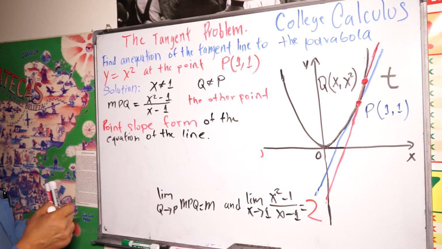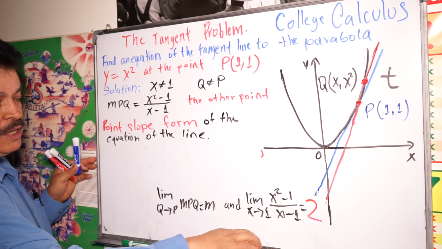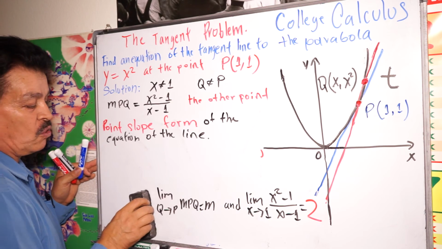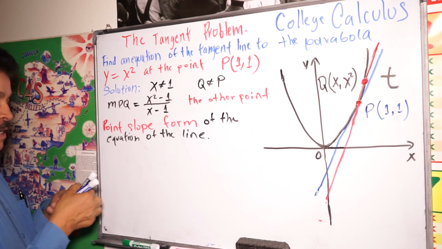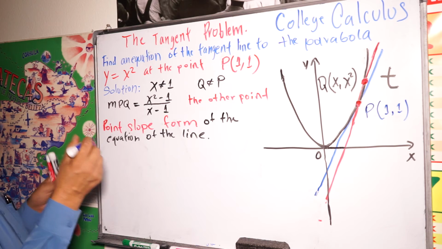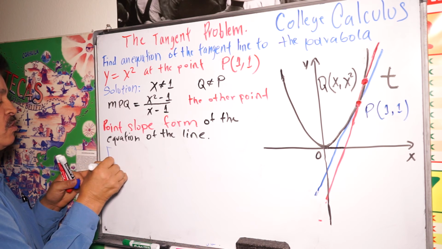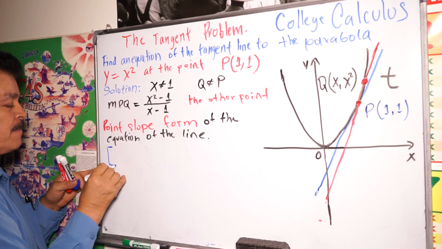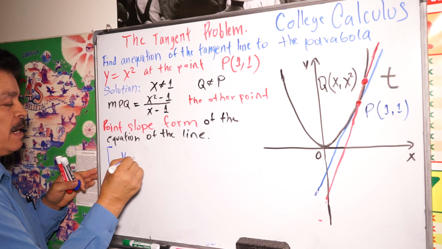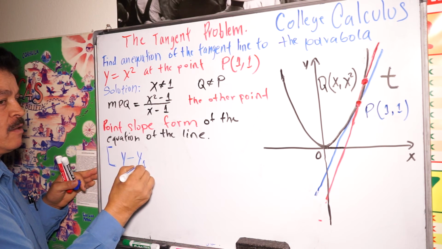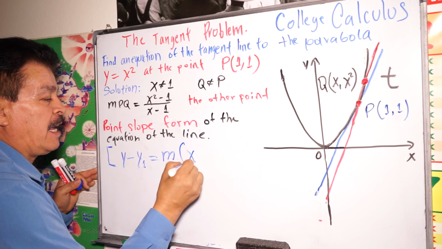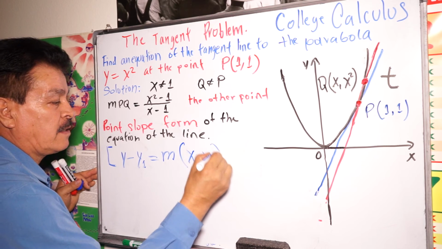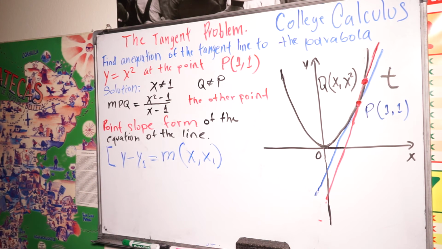So right now we know the slope. The equation is y minus y1 equals m times (x minus x1). This is the point-slope form of the equation of the line.